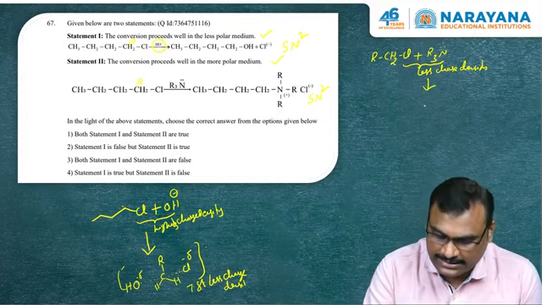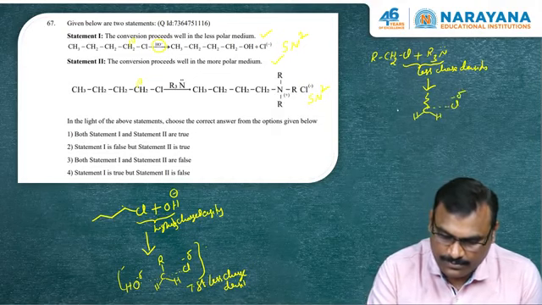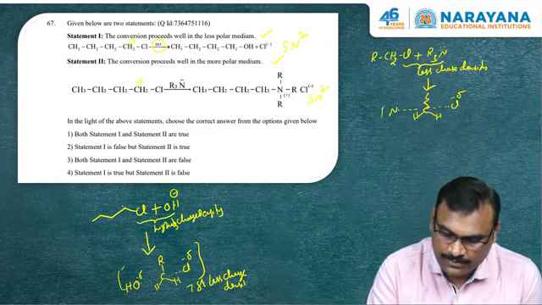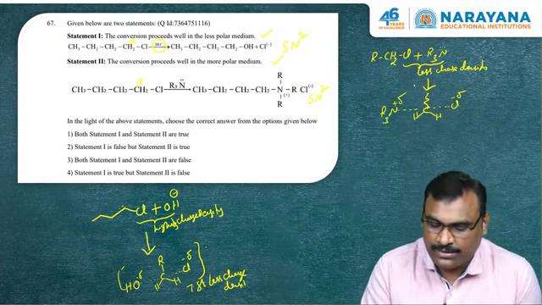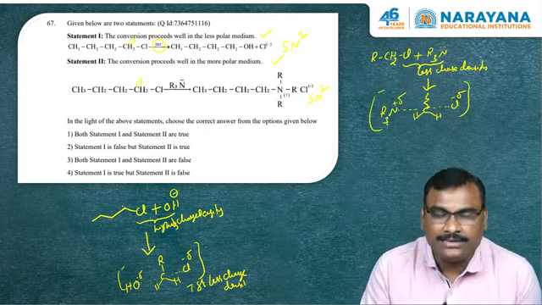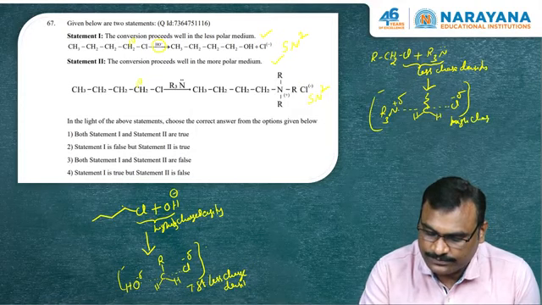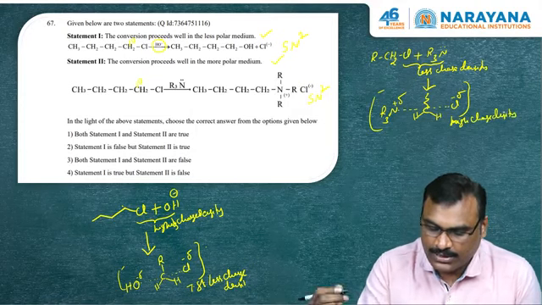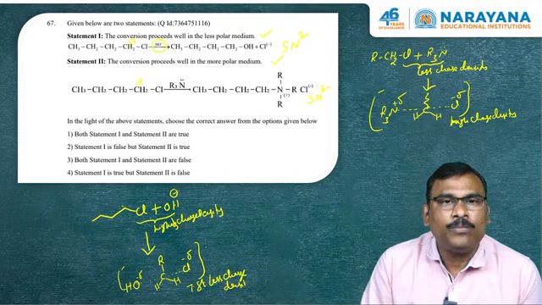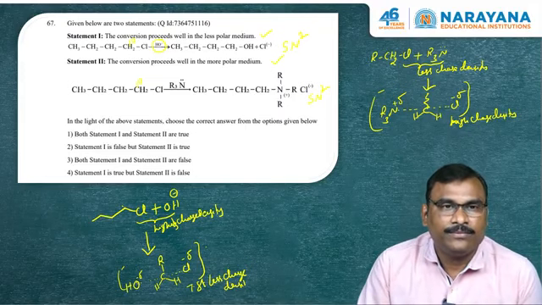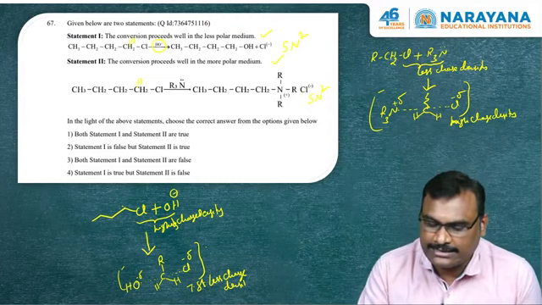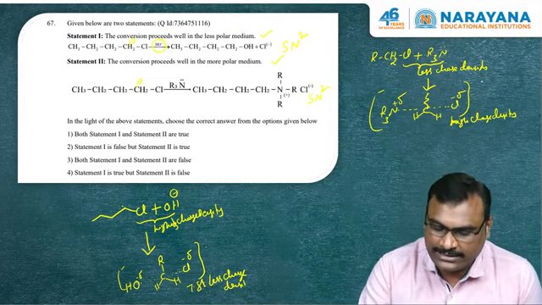Here the transition state has more charge density, or high charge density is present. So a more polar medium will make the reaction faster by decreasing the activation energy of the reaction.